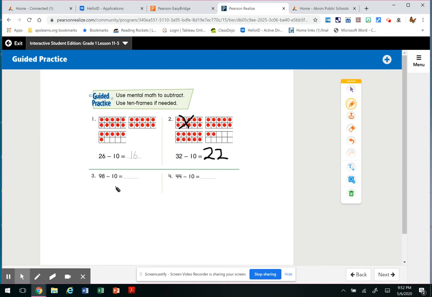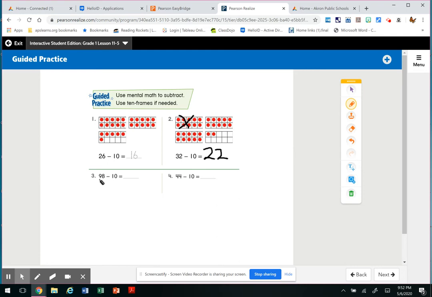Let's jump down here and use mental math. We don't have any 10 frames. We could draw models, but we're going to keep it moving. We have 98 minus 10. So let's apply mental math. We know that this 9 is going to decrease by 1 because we're taking 10 away from it.